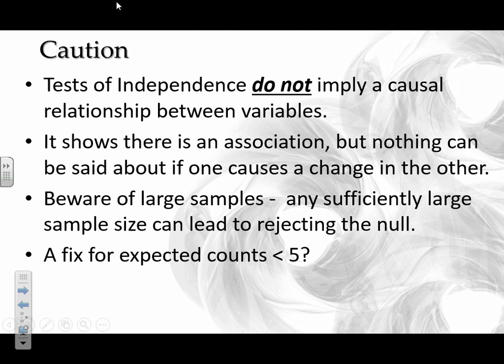Now, with this test, and this test only, so this only works for the test for independence, when you look at the variables in question, if you run your large counts condition and one or multiple of your cells are less than 5, if it's not all of them, maybe only 1 or 2 are lower, there is a possibility to fix that by looking at your categories. So you're going to have 2 different categorical variables. Now, if 2 or more of the categories can logically be combined.